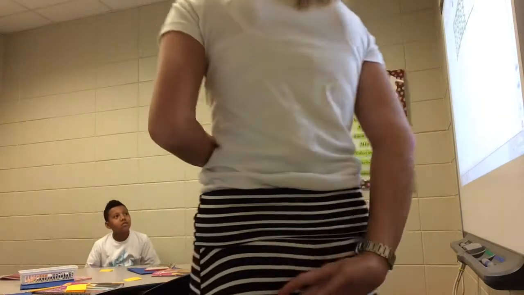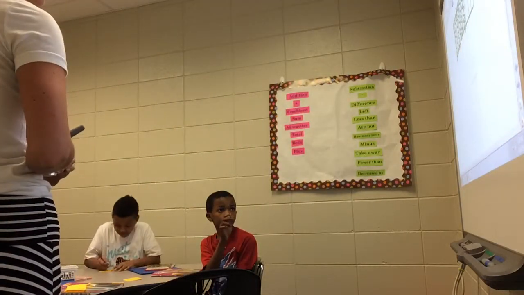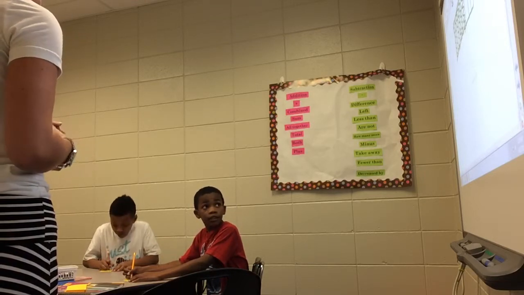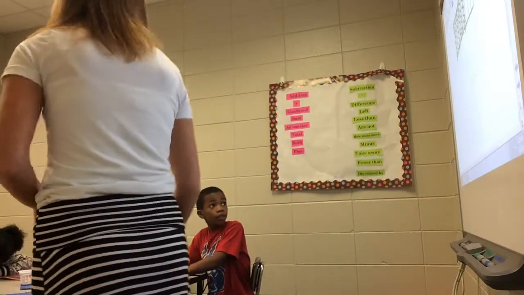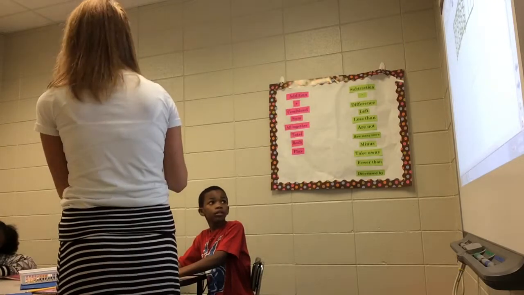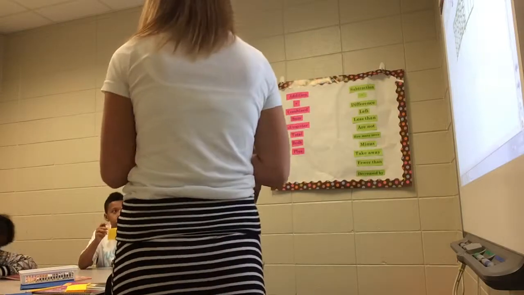Okay, I want you to name the fraction of the shaded part. 1, 2, 3, 4, 5. 5/7. Okay? Your total amount goes on the bottom and the shaded part is on top.